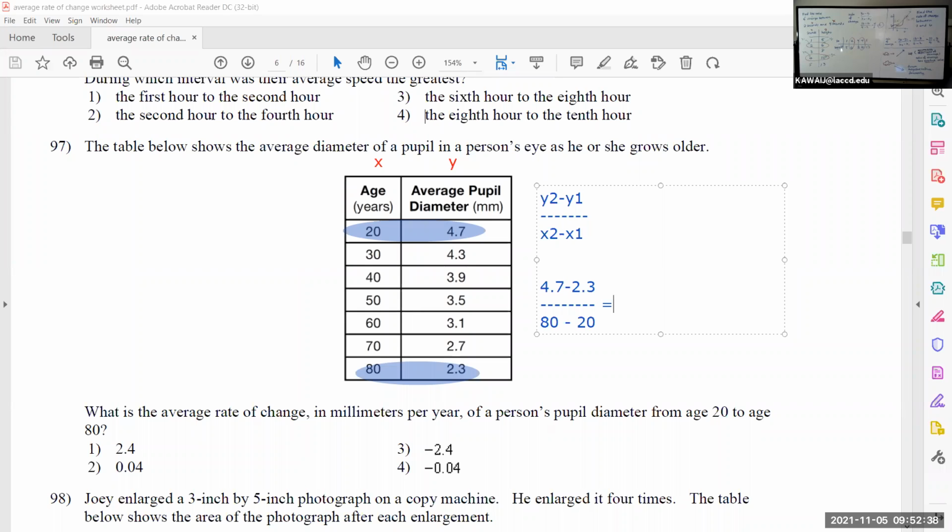So you get 2.4 divided by 60 is equal to 0.04.